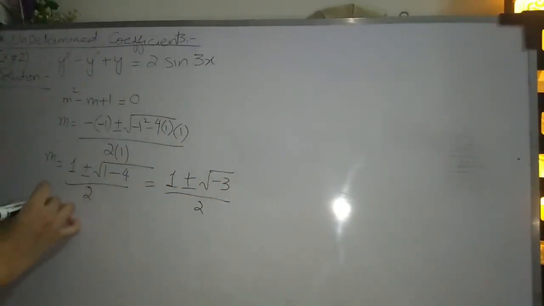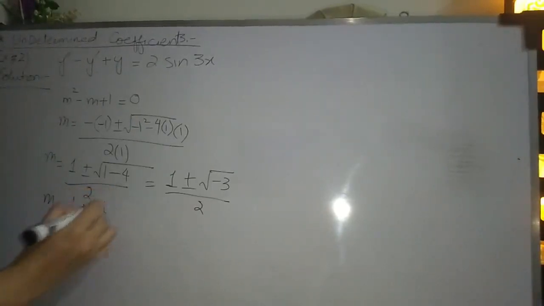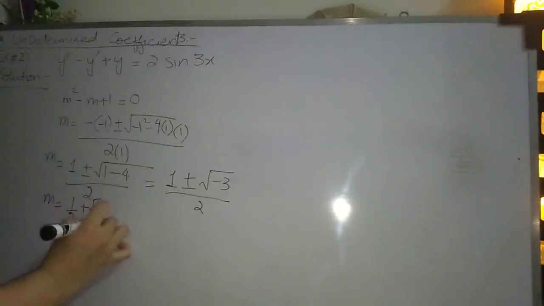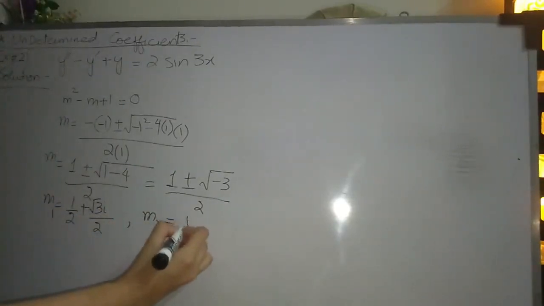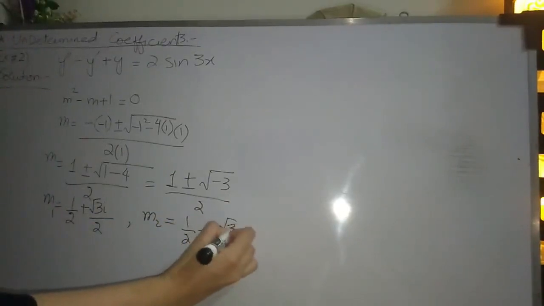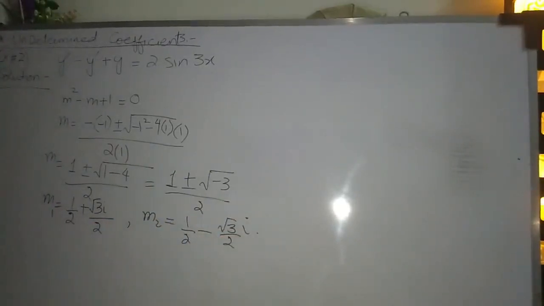Then m1 is 1 by 2 plus root 3 by 2 iota, and m2 is basically, these are imaginary and complex roots, so that becomes 1 by 2 minus root 3 by 2 iota. Now these two roots give us alpha is 1 by 2 and beta is root 3 by 2.